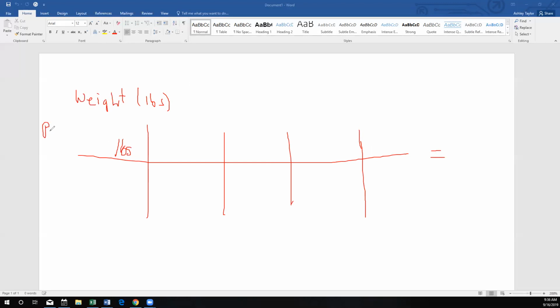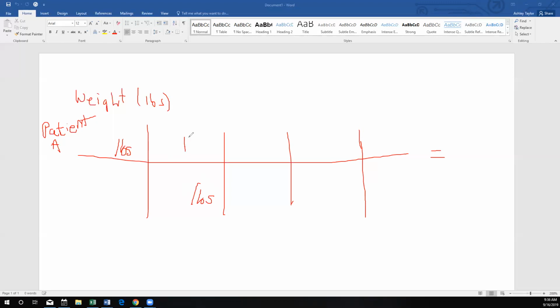So patient A. So I have my weight in pounds. Now I have to get rid of pounds, so that's going to go in the bottom.